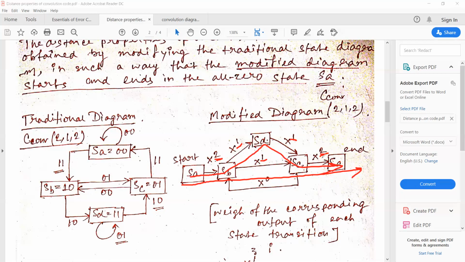Okay, and you can see from the diagram, comparing the traditional diagram to the modified diagram, that all the self loops are deleted. We have to delete all the self loops for any state.